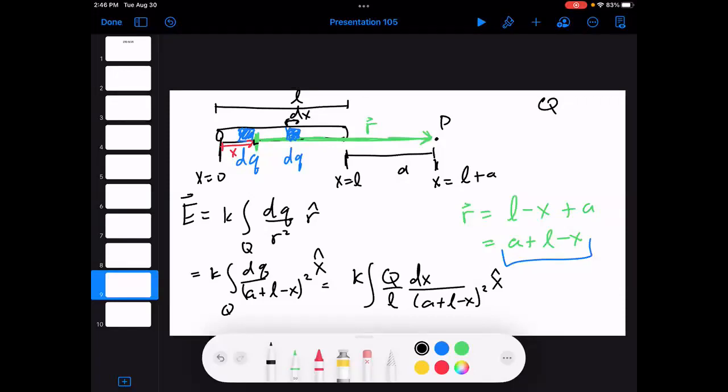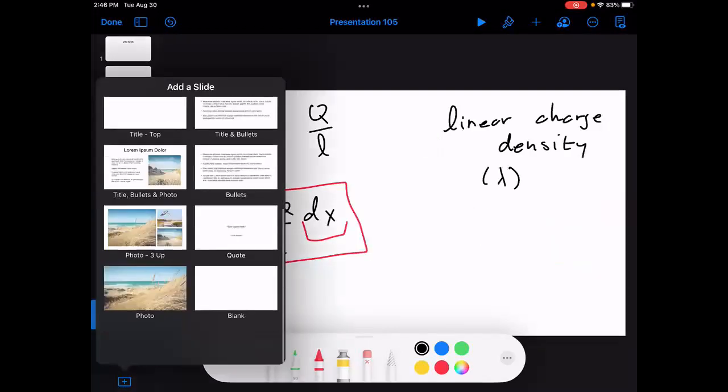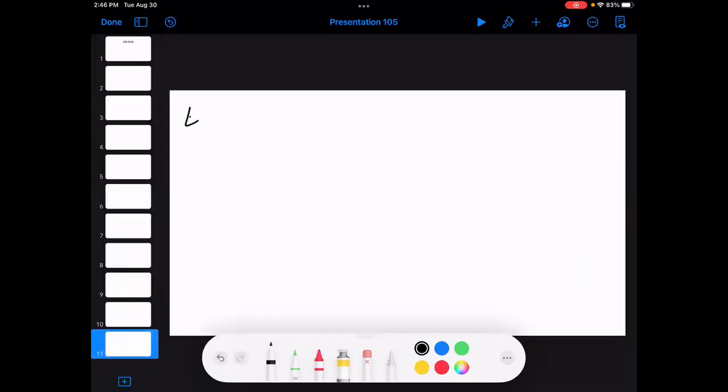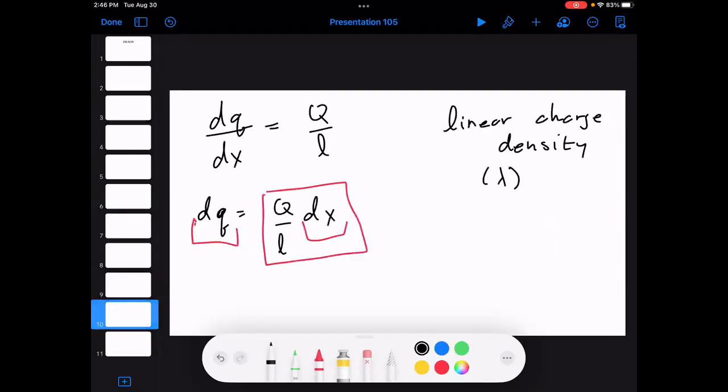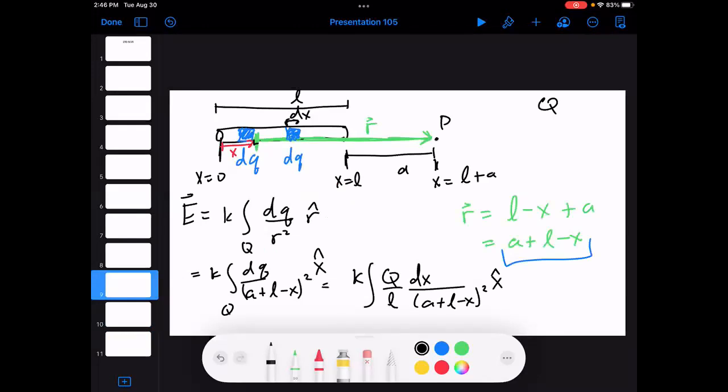But let's do some integration and solve this thing. Okay, so capital Q and L, are those constants or variables? Constants, perfect. So we can just take them outside of our integral. So I have k, I've got Q, I've got L. What do I have left?